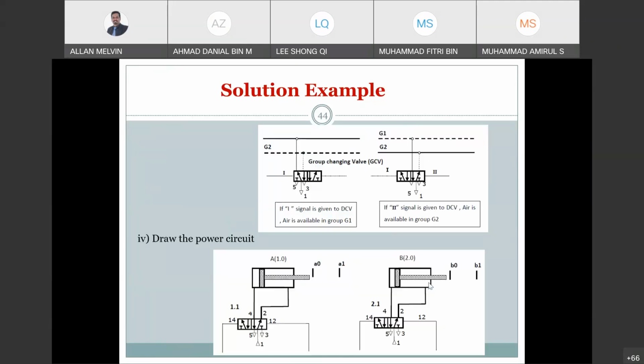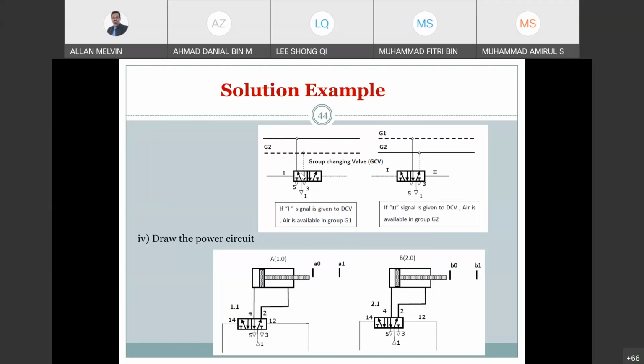Okay, so dekat sini you tengok. Okay, so you ada 2 group, group 1 and group 2. So kalau you nak choose, this is your group changing valve. If signal is given in number 1, dia akan choose group 1 lah dekat atas. Sebab udara akan masuk dekat sini, it will activate this group.